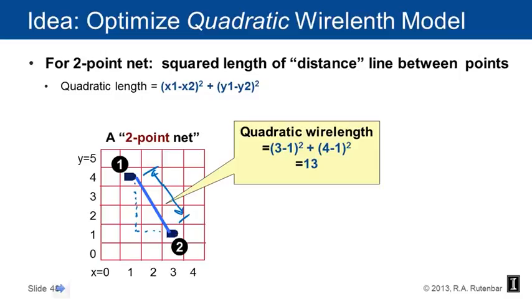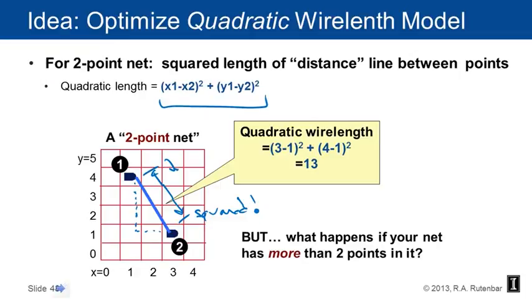This is the squared length between those two gates. It's not as mathematically friendly if you take the square root.